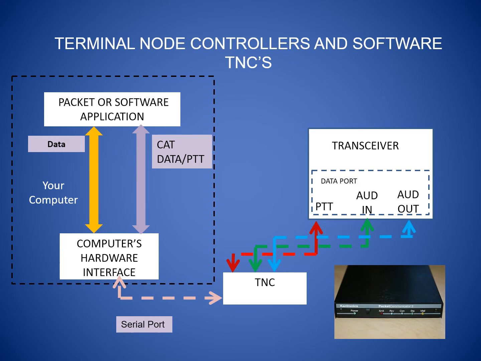On the return side, when the radio receives information, the TNC takes the audio out of the transceiver, decodes that information, sends it back through the serial port, back to the computer's application, and you can see the information on the screen.